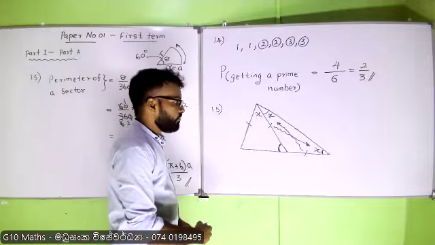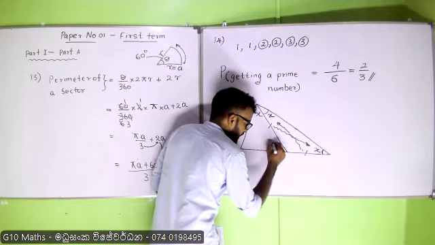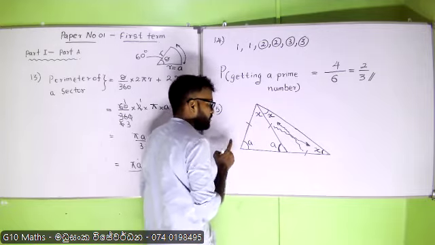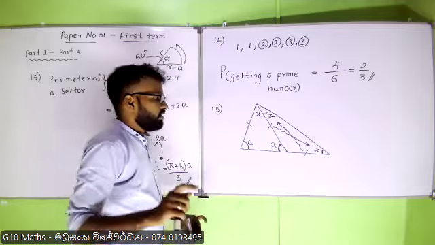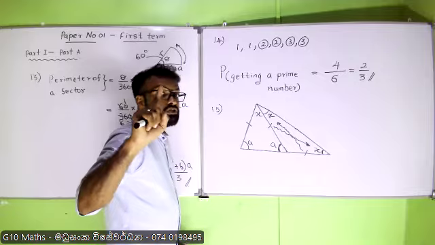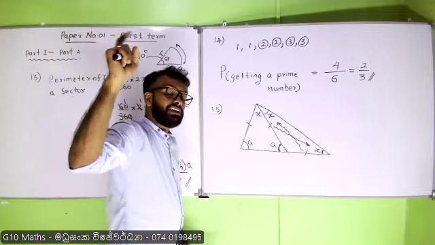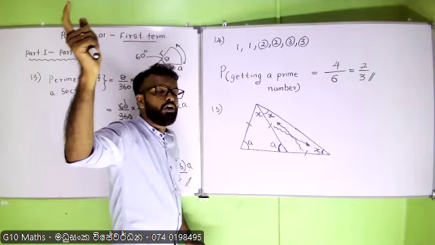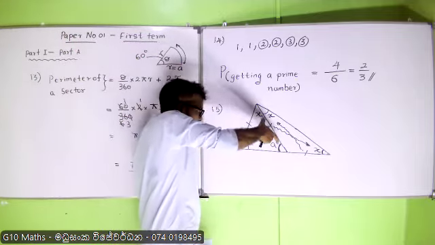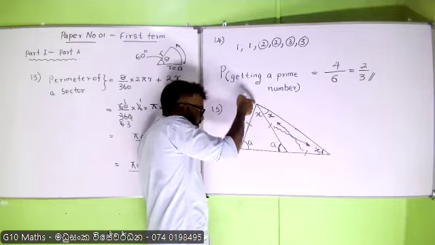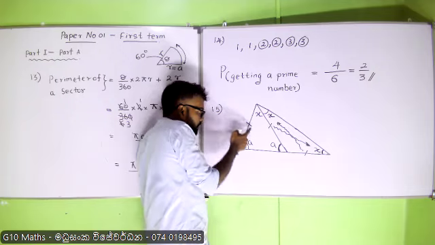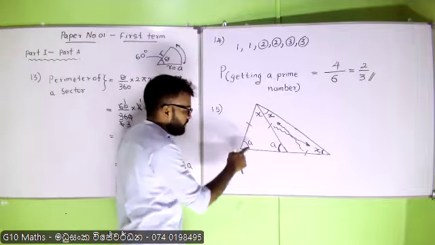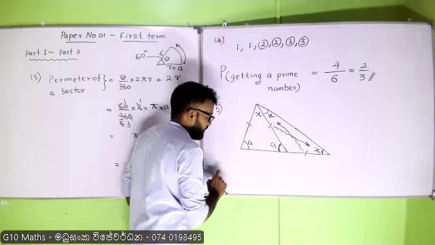If I say this angle is A, definitely this angle should be A, because by using the isosceles triangle theorem, that is under triangles part 2, but I gave it to you at the beginning, right? Of this isosceles triangle, these two sides are equal. So the opposite angles for these two sides are equal together. So this angle equals this angle.